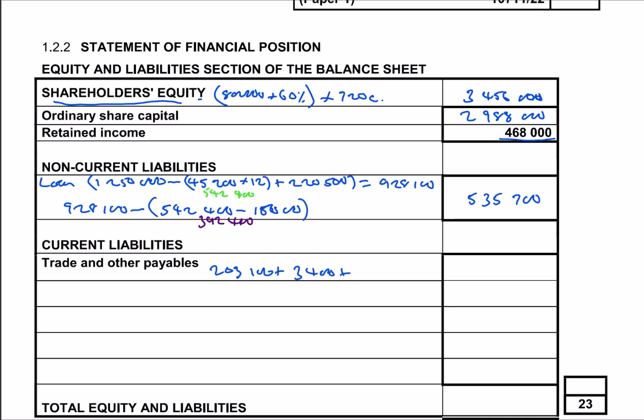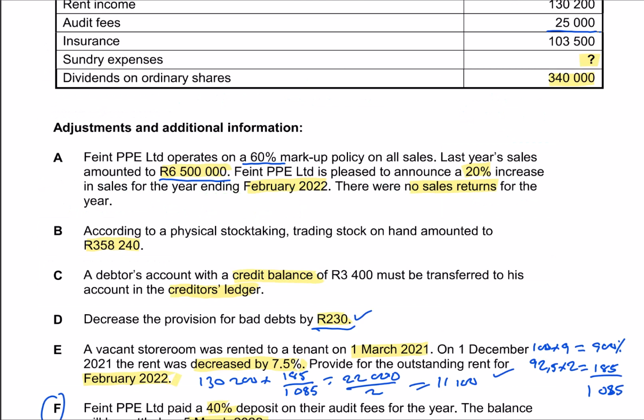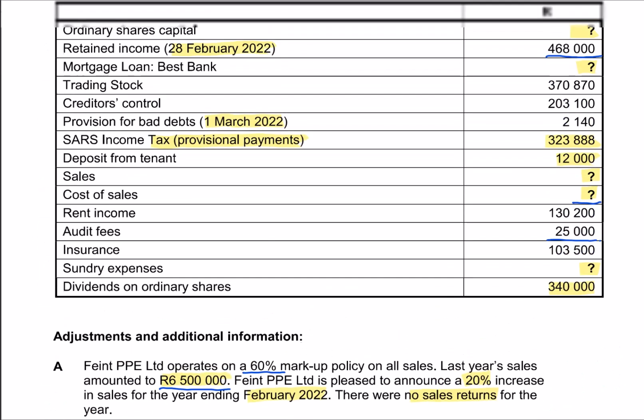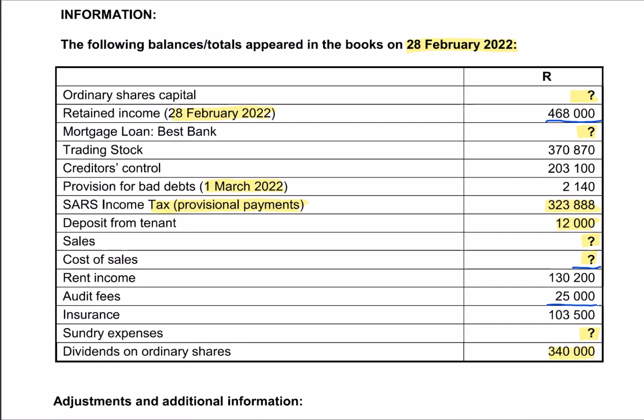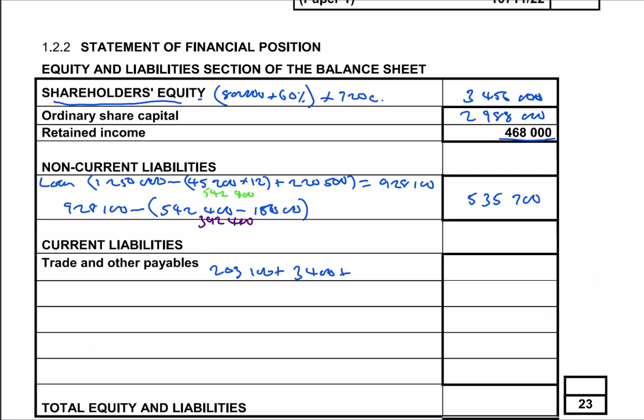Plus there's a rent deposit from the tenant of 12,000, because remember it's not our money. Plus accrued expense.